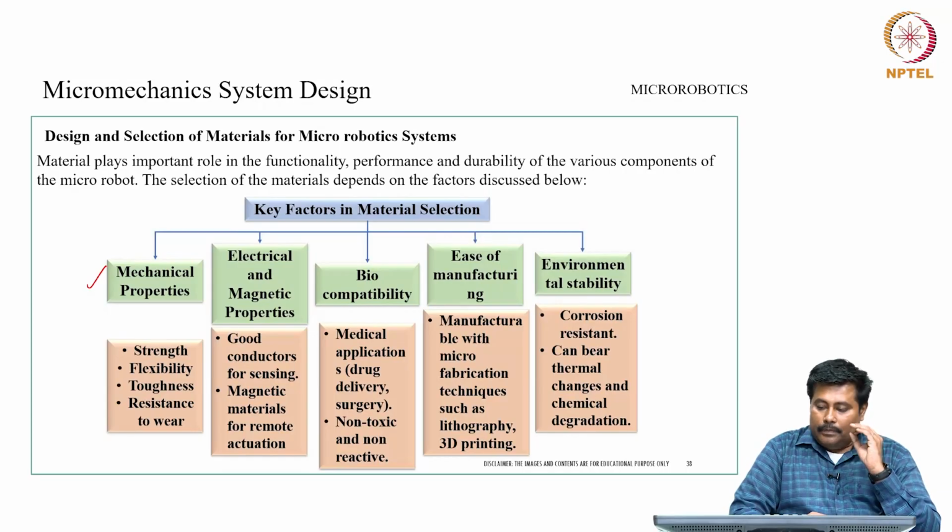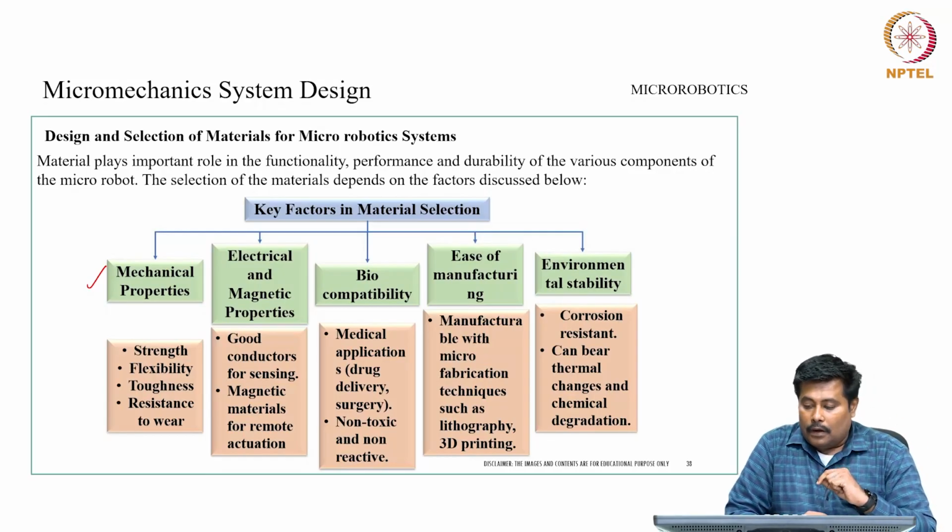So being manufacturable with microfabrication techniques such as lithography, 3D printing, micro etching, chemical etching, etc., which we will be discussing, will also play a vital role in this process or application. In fact, we will have a detailed lecture on the different microfabrication techniques which are available, and we will also be discussing the concept of micro 3D printing in detail.